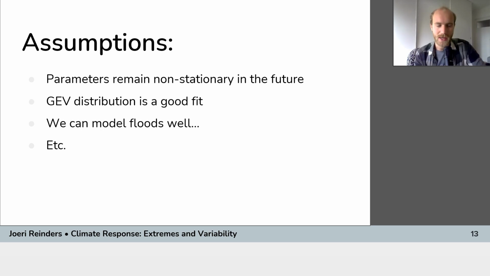Then, we can look at the model that was used to get this flooding data. These RCP 8.5 and 4.5 scenarios are based on a model, of course. And this was not only a climate model, because climate models don't predict flooding, they predict things that happen in the atmosphere.